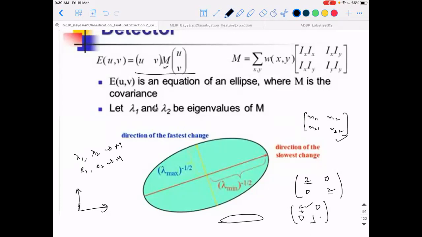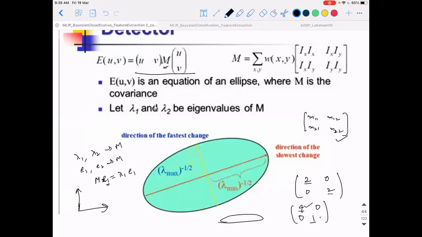Let me bring in a little bit of mathematics to discuss this better. m E1 equals lambda 1 E1. So what does it mean? If I apply this matrix operation on this eigenvector E1, what will happen?